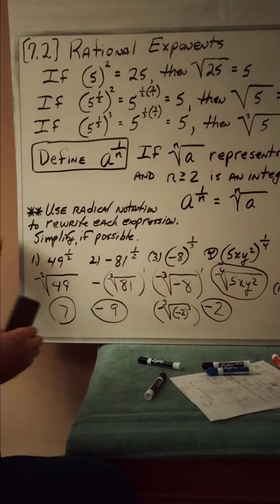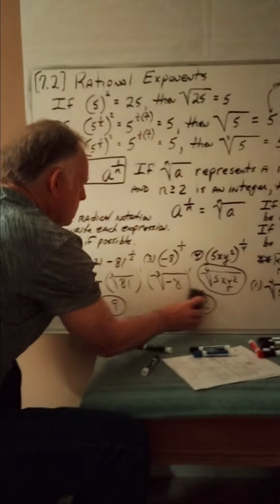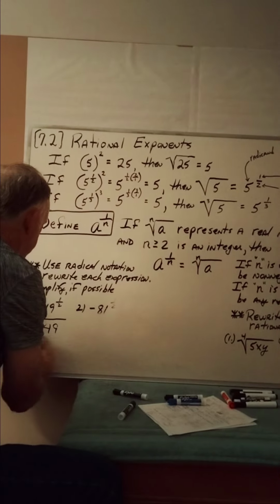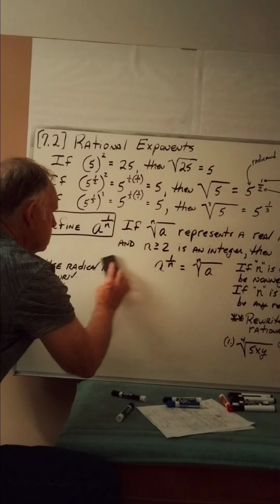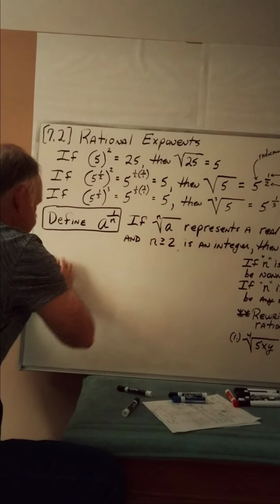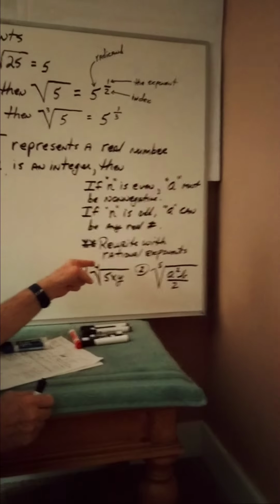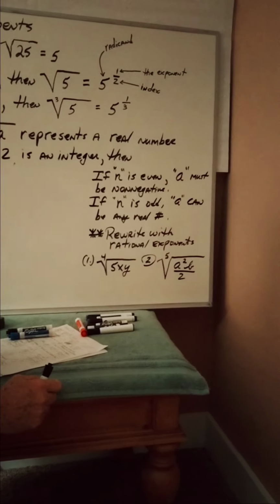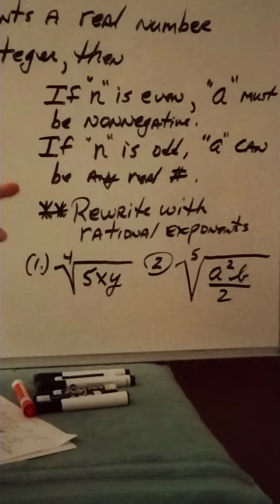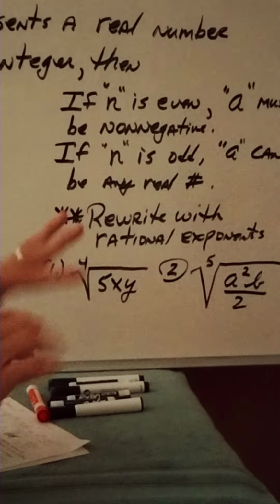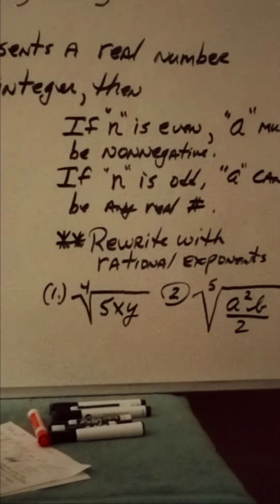I kind of want to erase this little portion right here before we go to that lower right-hand corner. Down here in the lower right-hand corner, a second direction. Rewrite with rational exponents. So now we're going to go back the other way.